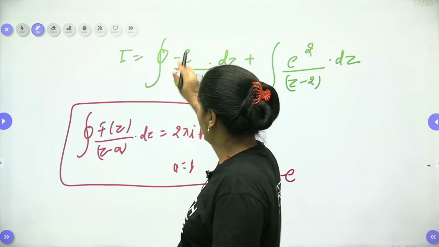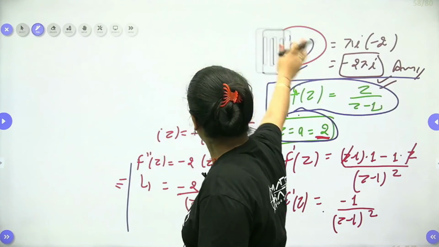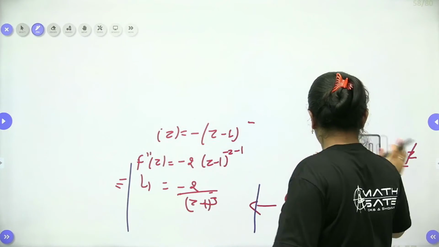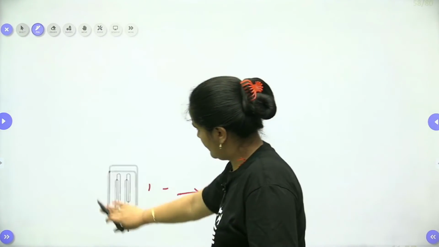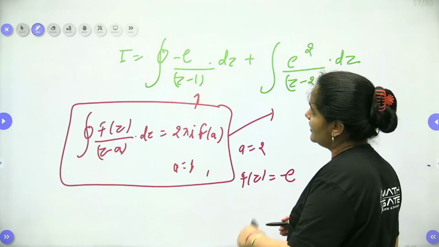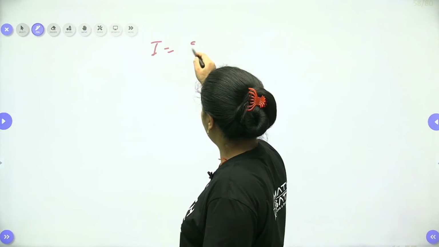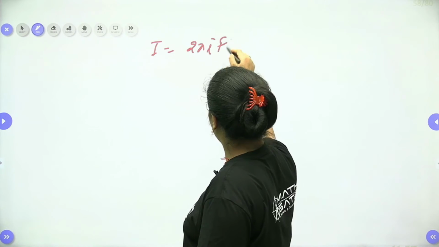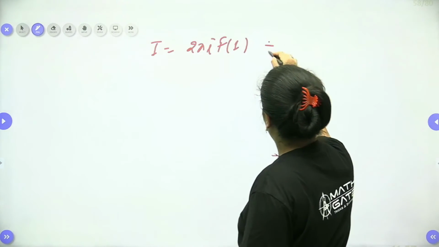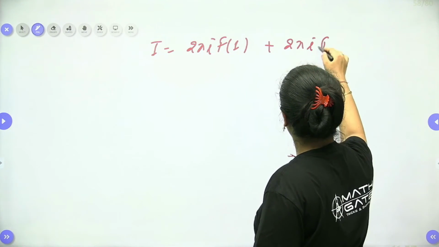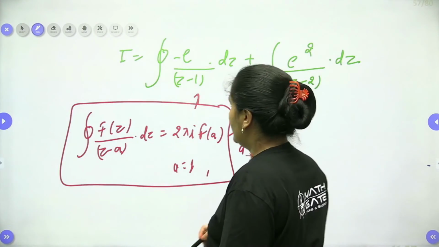So the result will be, for the first one, 2 pi iota into f of 1, right? And for the second one, the result will be 2 pi iota into f of 2, right?